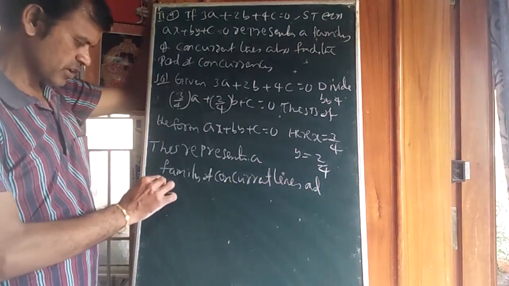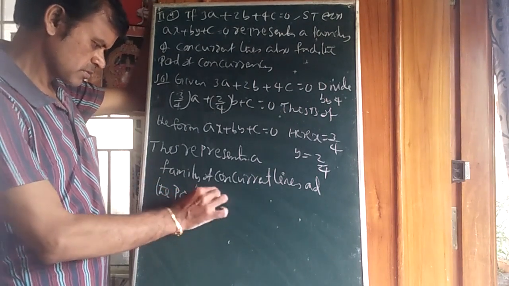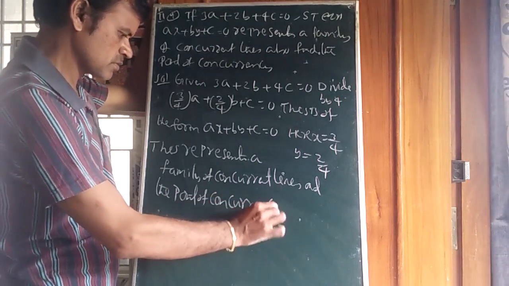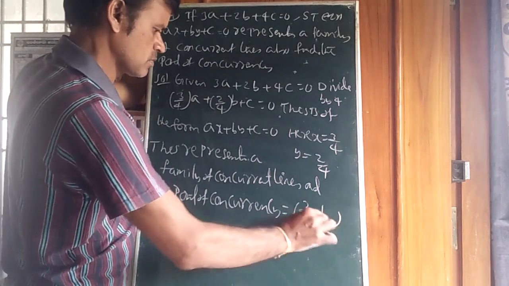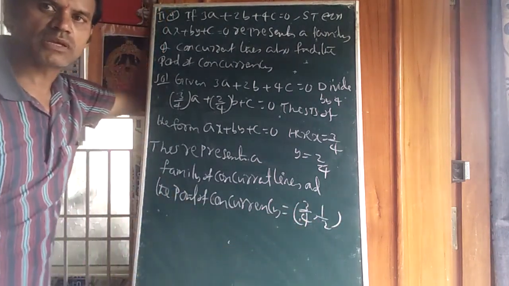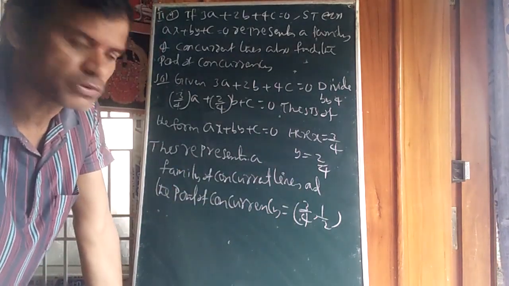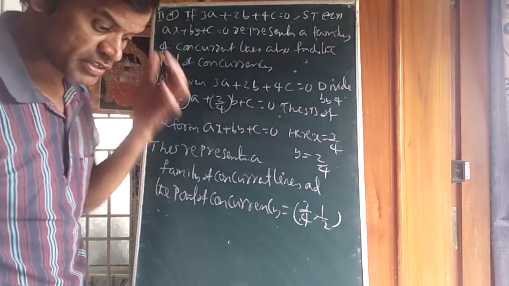And the point of concurrency is (3/4, 1/2). 2/4 I have written as 1/2. So (3/4, 1/2) is the point of concurrency.